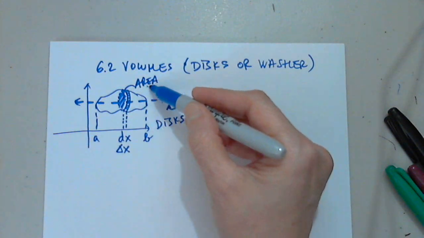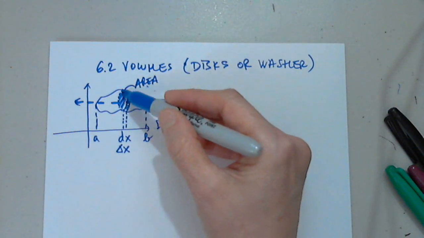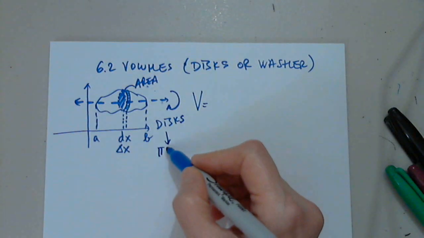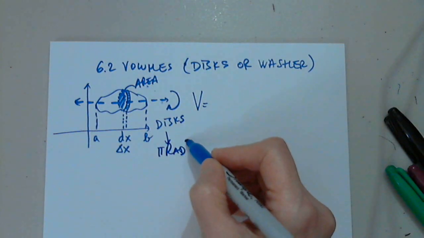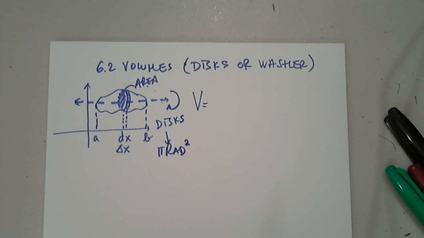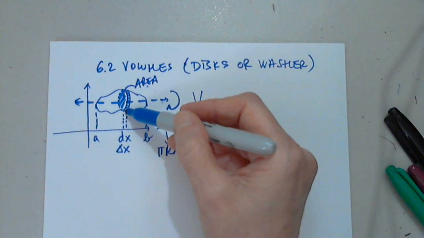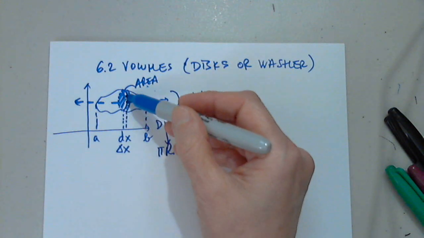Obviously, we have to determine the area of the disk. So the area of a disk is pi radius squared, and multiplied, of course, by the width of the disk.